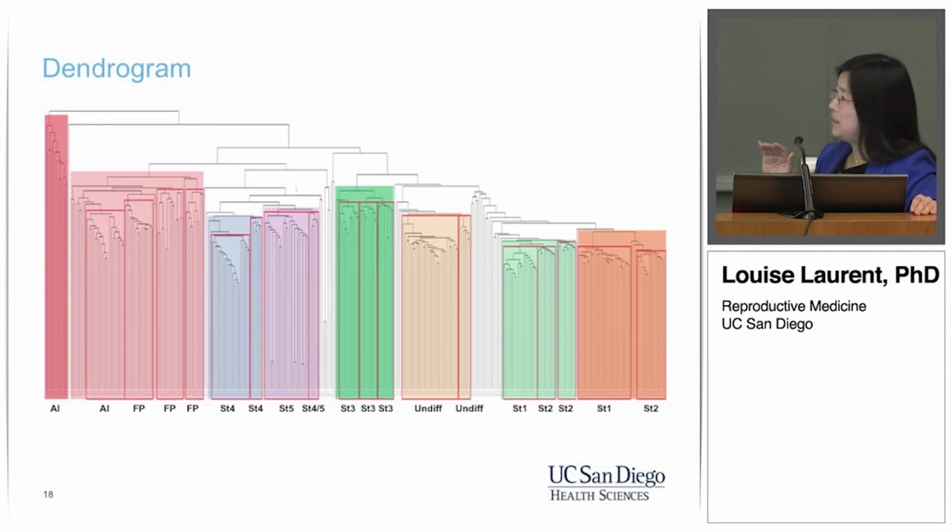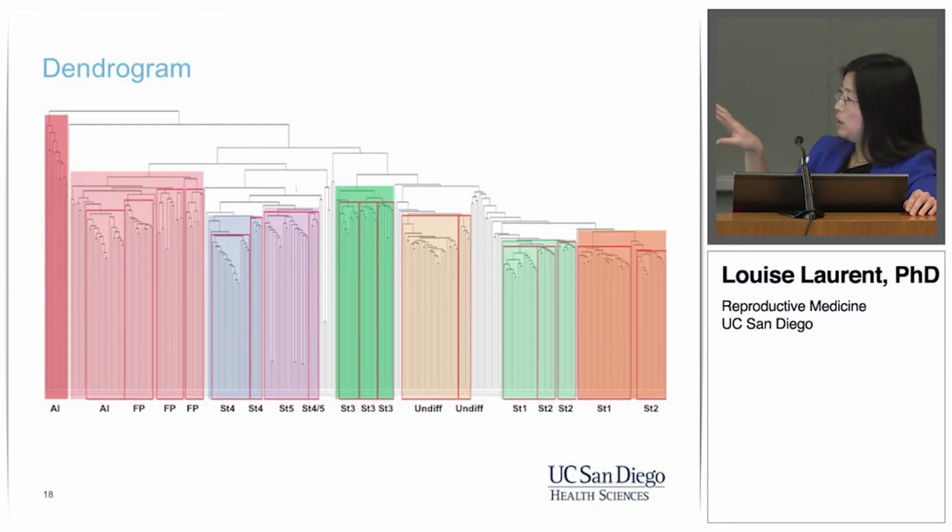And so what you can see here is that you have good clustering by stage of differentiation, but you do have some intermediate clusters. So, for example, off on the very left, there's a cluster that is all adult islet, but the next one over has adult islet and fetal pancreas cells in it.